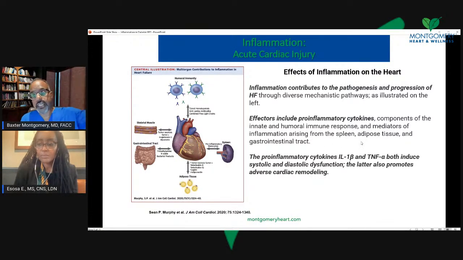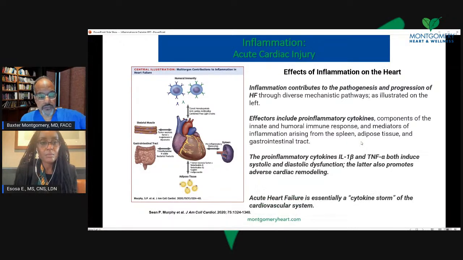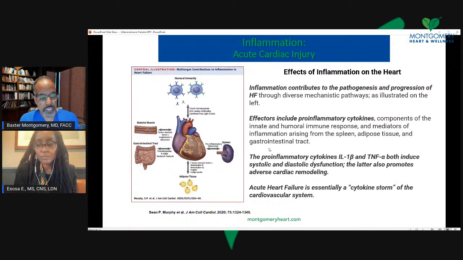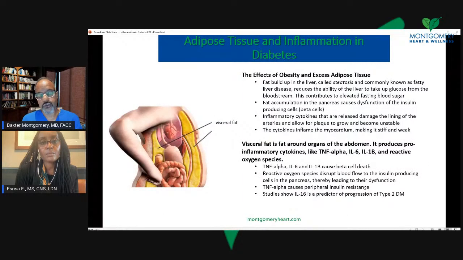So these same cytokine mediators have an effect on diabetes and on heart failure. Like I said before, acute heart failure is essentially a cytokine storm of the cardiovascular system. An acute onset of type 1 diabetes is a cytokine storm of the pancreas, or of the metabolic system. I just threw that in to show the connection.